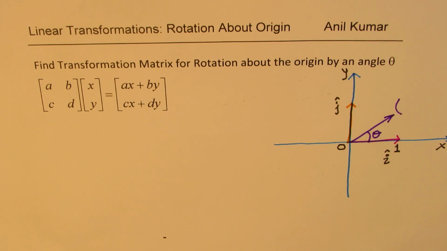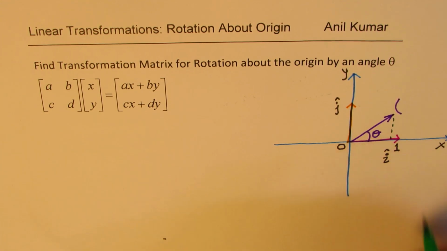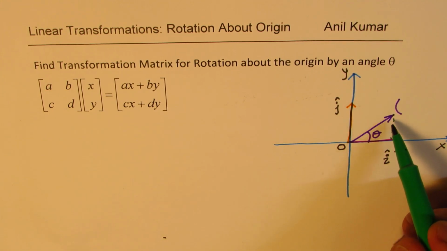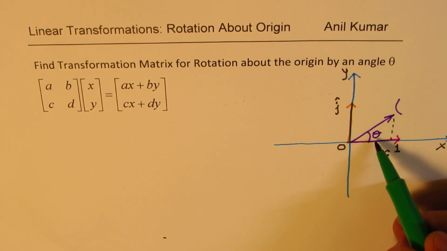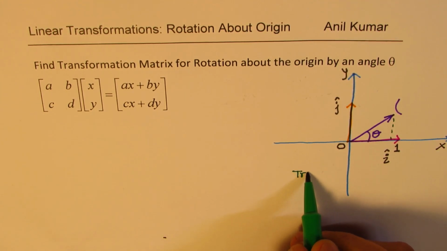That's the whole idea. If you can identify that, then the job is done. So getting back to trigonometry, we could always write these coordinates since it is in terms of rotation about an angle. So basically we have to look into trigonometry.